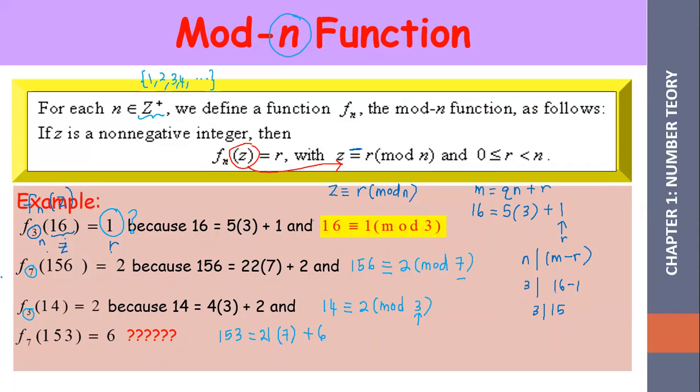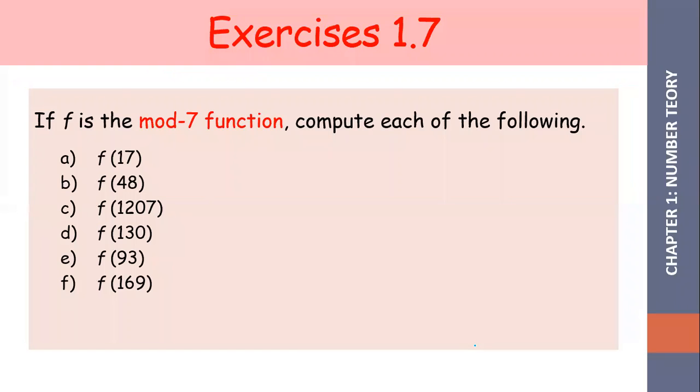So why 6? Because the remainder is 6, so 153 is congruent to 6 mod 7. Okay, that is the mod n function.